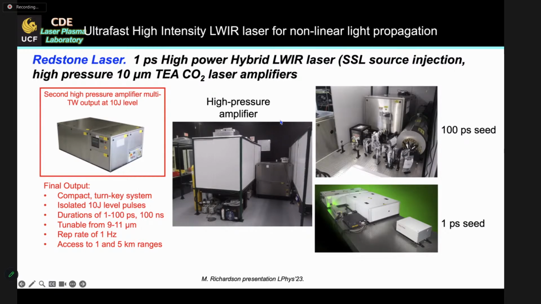Suffice it to say that we are activating a MOPA-based system here. It involves an ultra-fast solid-state front-end system that uses a mode-locked laser system with a 1 picosecond pulse duration, which is then converted to a pulse at the wavelength of 10 microns using optical parametric amplification and difference frequency generation.